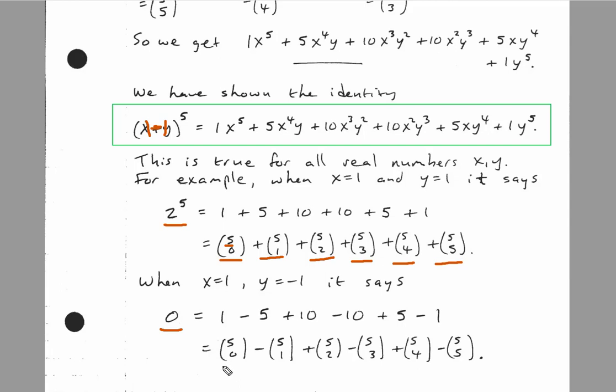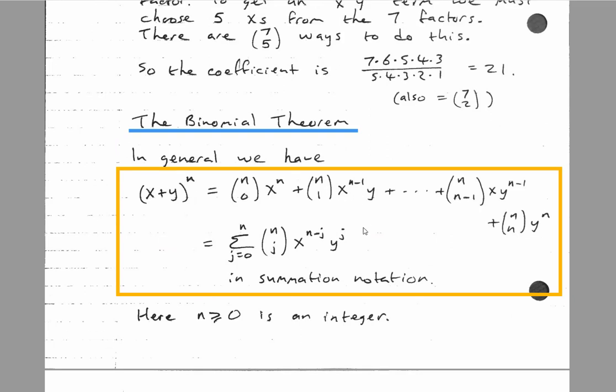Okay, so if you write down the binomial coefficients like this, alternating the sign, then you always get 0. Okay, there are more patterns you can look at. These are really special cases of the binomial theorem, just putting in different numbers.